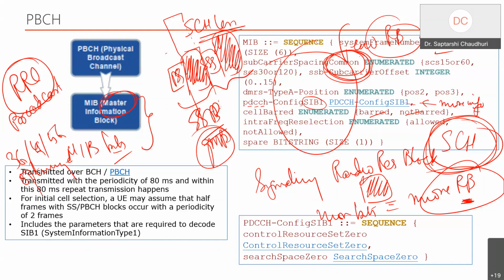And the cell is not barred. If it is barred, then the mobile will not be able to go to the next level of decoding. So that's the way we have condensed the size of the master block, and these are the things the UE is required to know, some base information of the network.